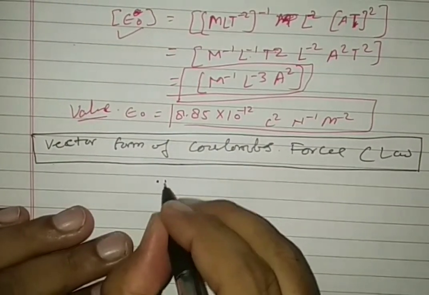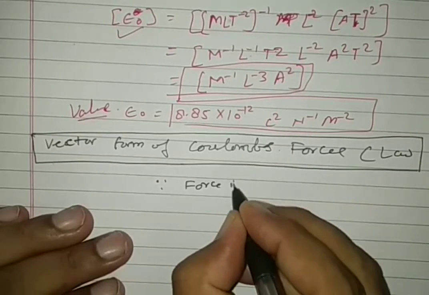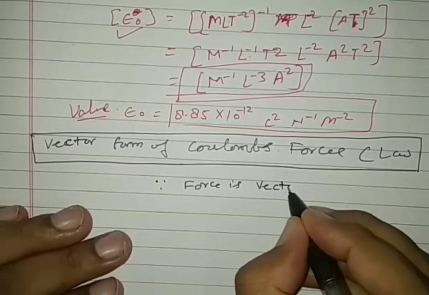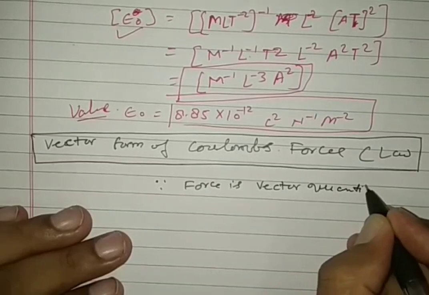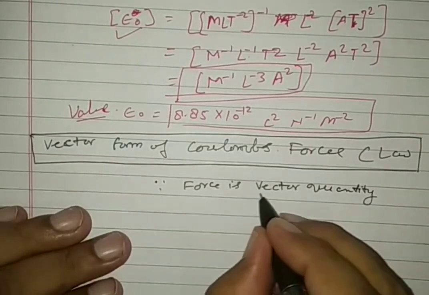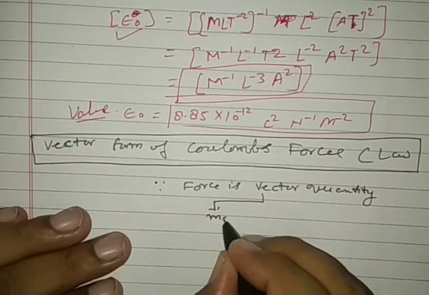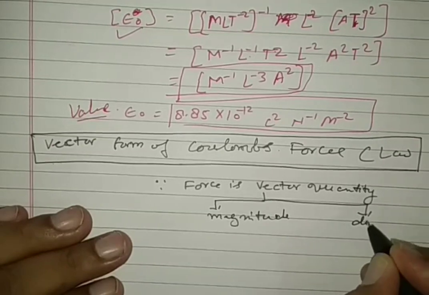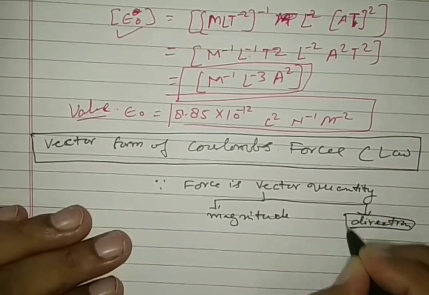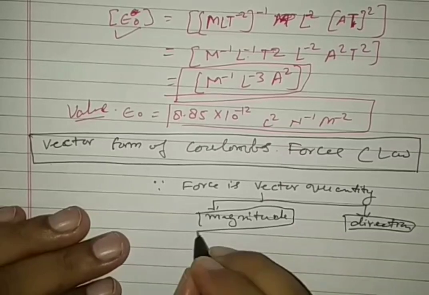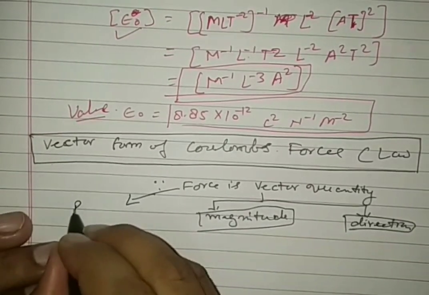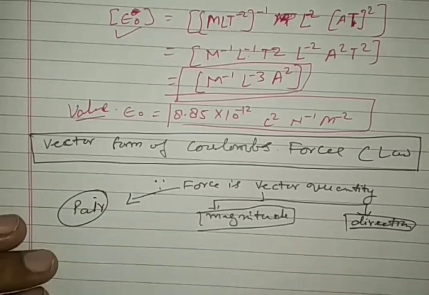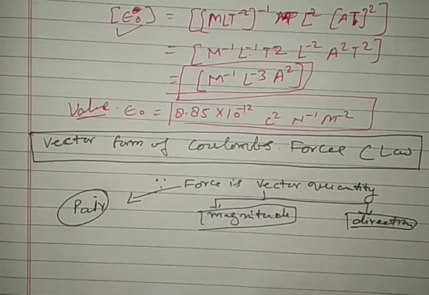We are knowing that force is a vector quantity, it shows that force has magnitude as well as direction. It has both. And I told you the forces act in pairs. So see what the vector form is, what the pairs are, and how it acts.